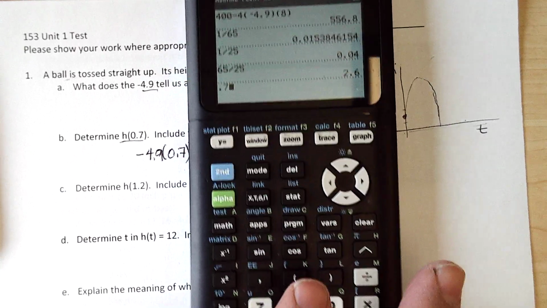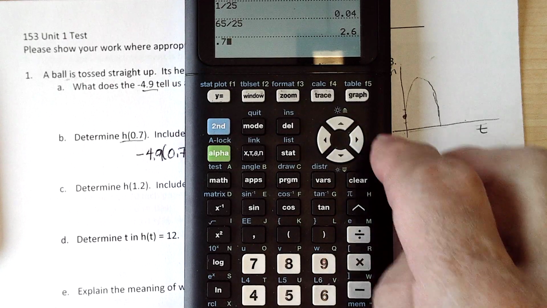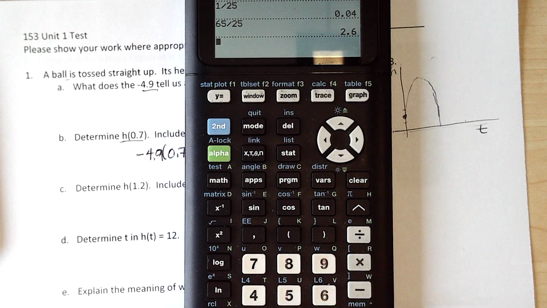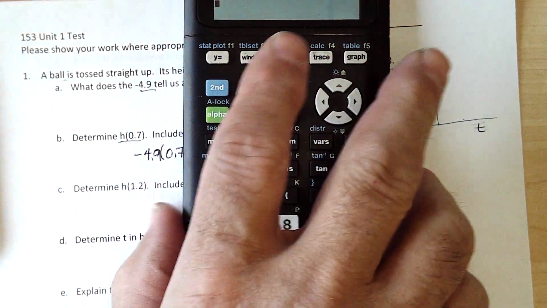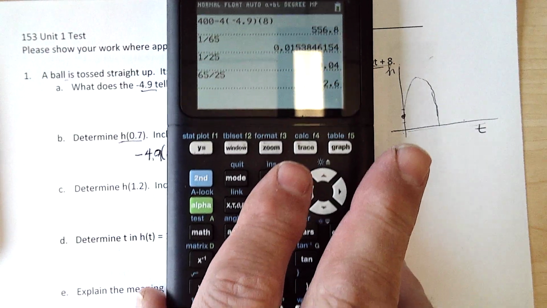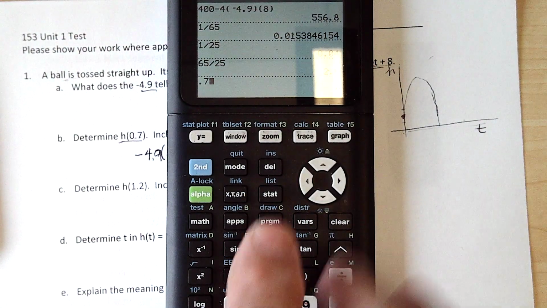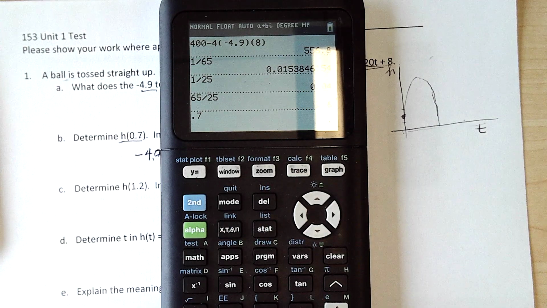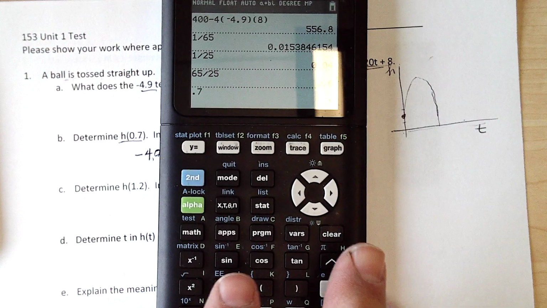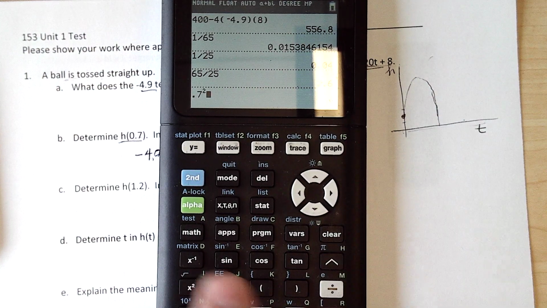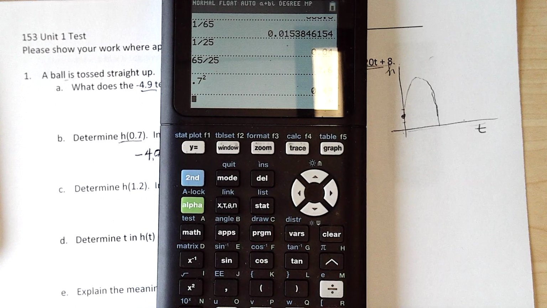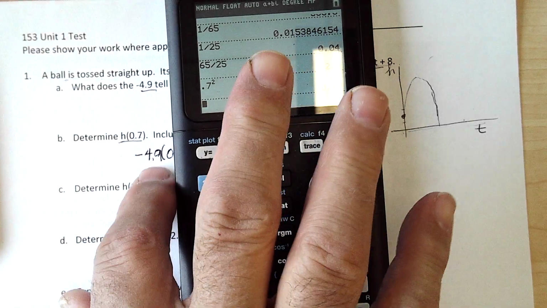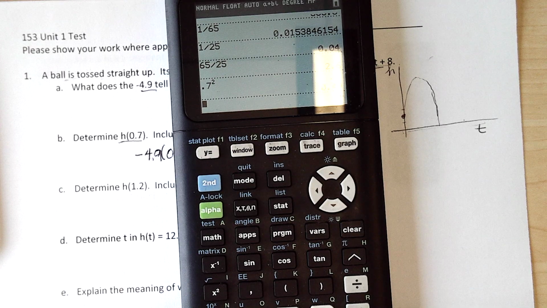Okay, let me show you the keystrokes here. I can push the x squared button right there and get 0.49, and that's 0.49 times negative 4.9.